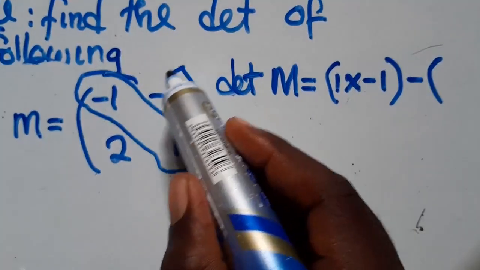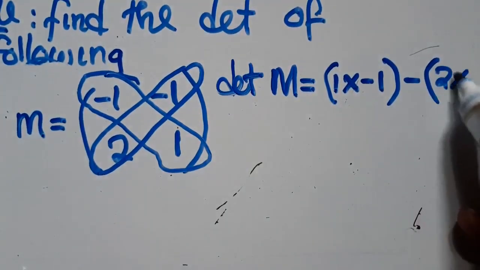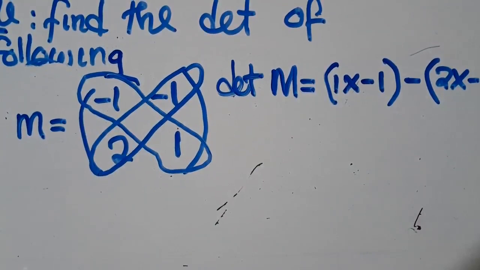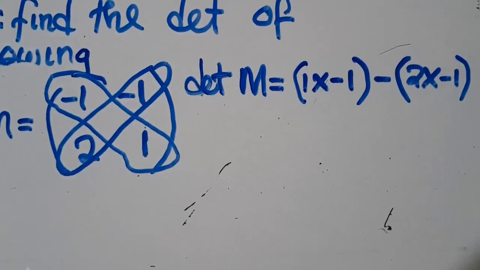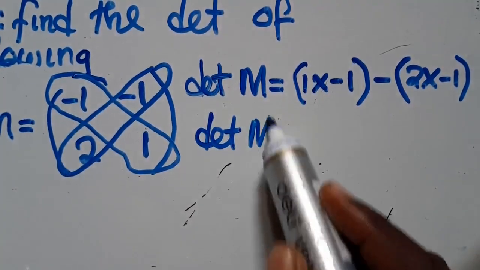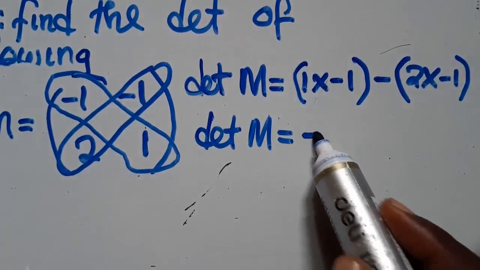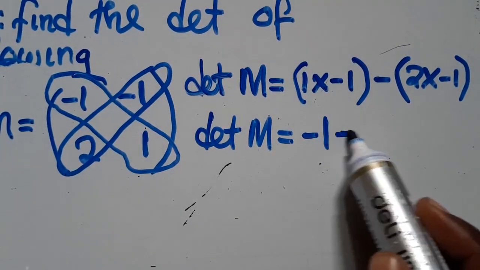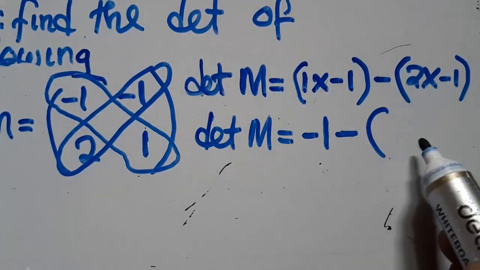In the minor diagonal, you've got 2 times -1. These are procedures you need to follow. Determinant of m is equal to, what is 1 times -1? It is -1. You say minus. What is 2 times -2?